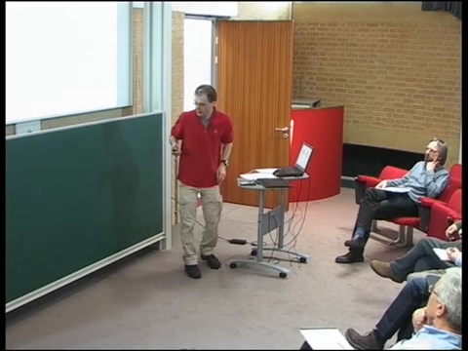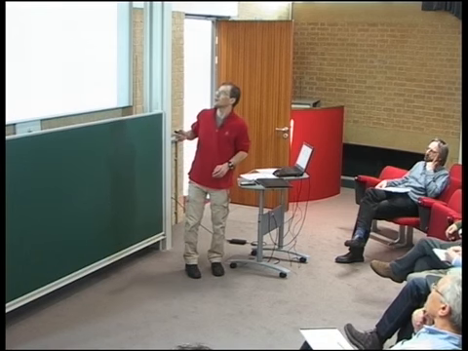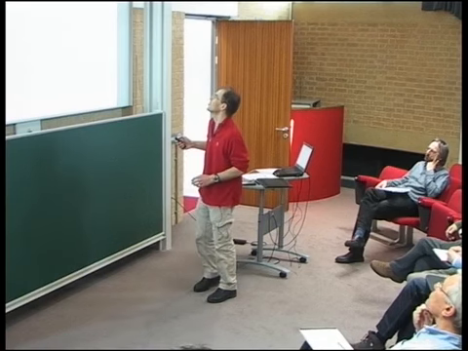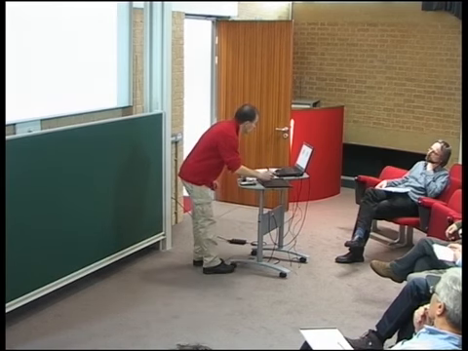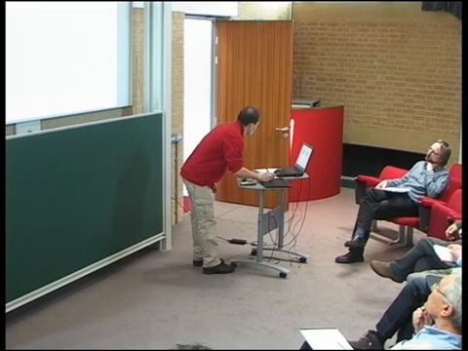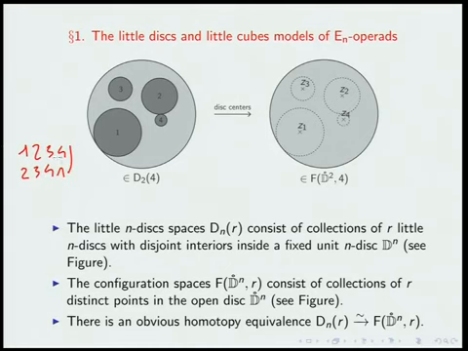But there is one structure which the little disks have. First, you have an action of a symmetric group. For instance, if I go back to this picture, if I would like to consider the action of a permutation, let's say the permutation which takes 1, 2, 3, 4 to 2, 3, 4, 1, then you just change the indices of these little disks. So 1 is mapped to 2, 2 is mapped to 3, 3 to 4, and 4 to 1.